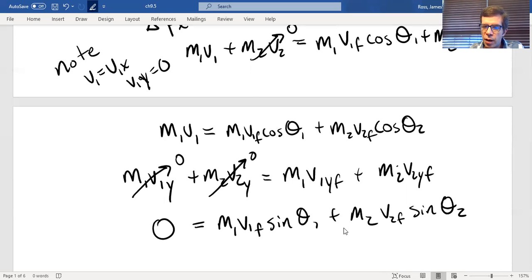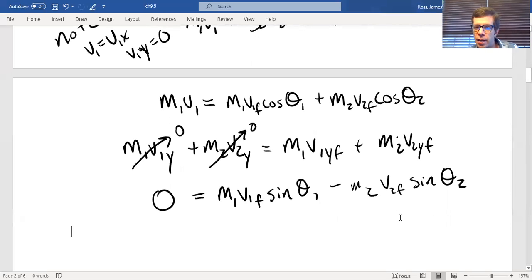But let's be careful here. I'm going to go ahead and insert the direction here because we know that the V2 final in the y direction is pointed down, right?